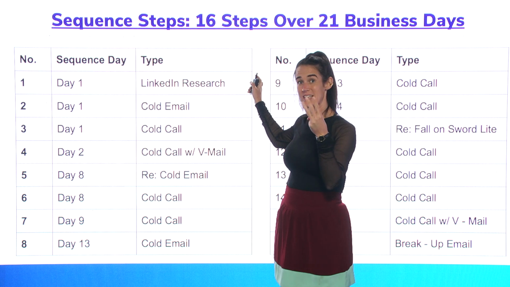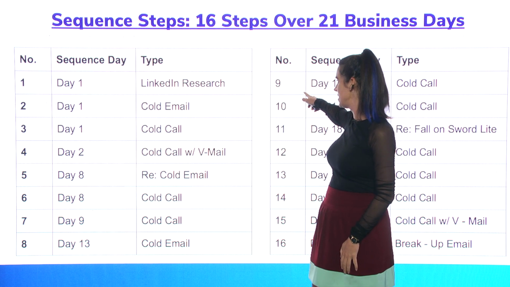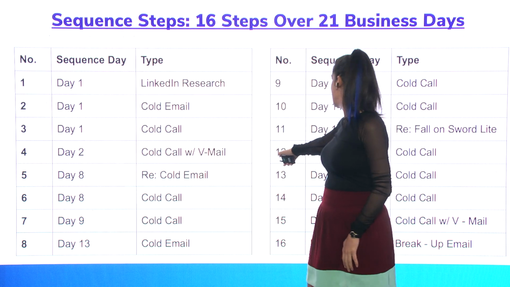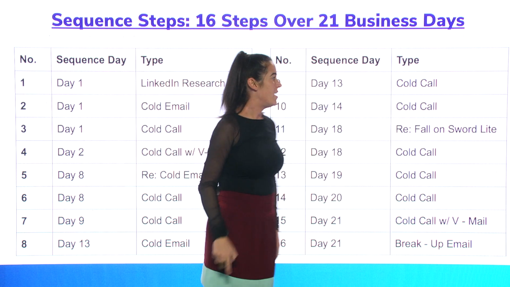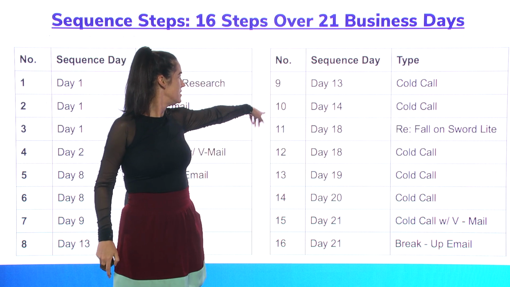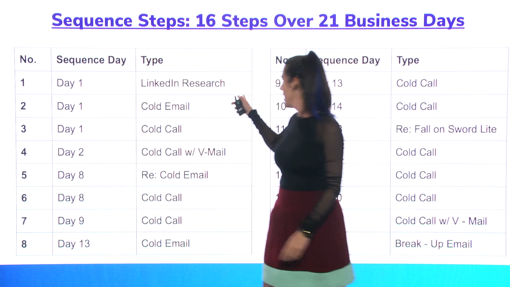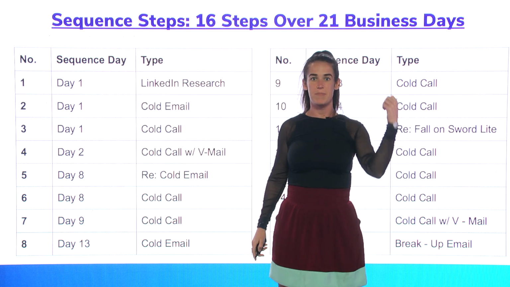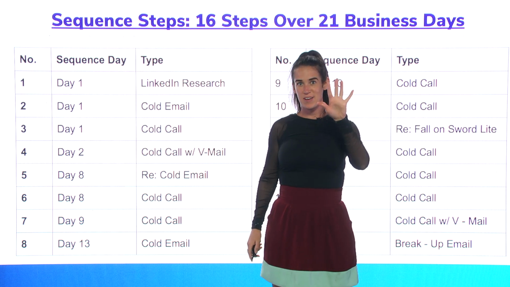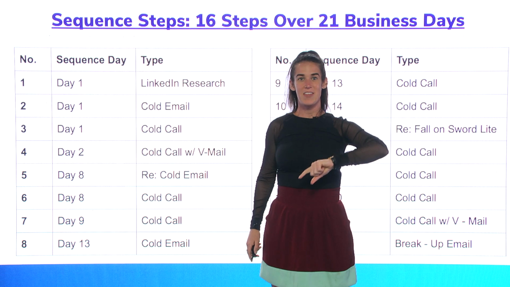There are 3 personalized emails in the sequence: cold email number 1 on day 1, cold email number 3 on day 13, and cold email number 4 on day 18. So basically, day 1, day 13, and day 18, and it's cold emails 1, 3, and 4 that have personalized premises. But there are 5 emails in every sequence, 10 cold calls in every sequence, and the 5 pods go like this.